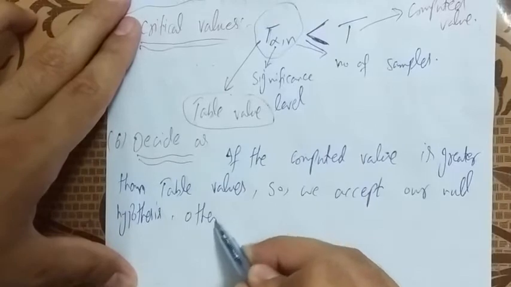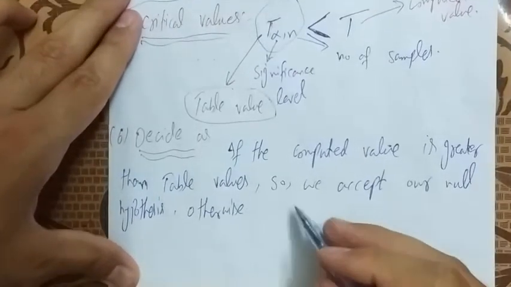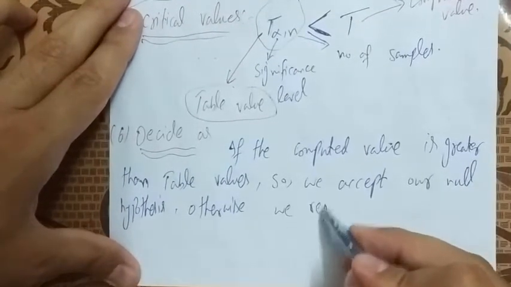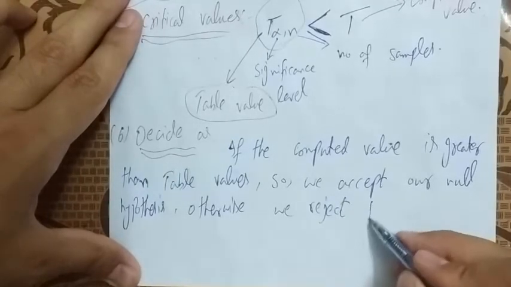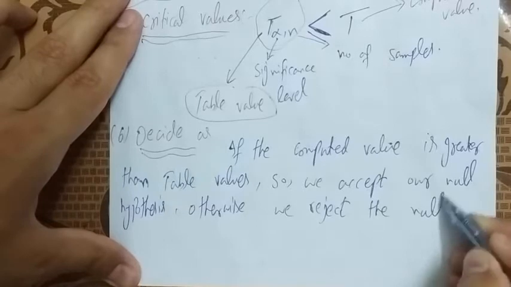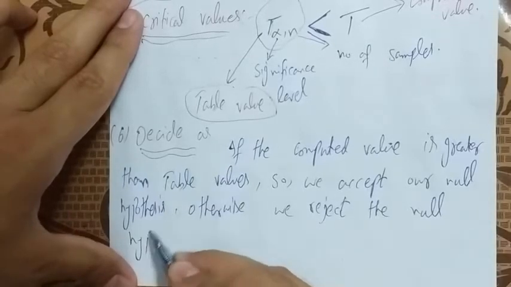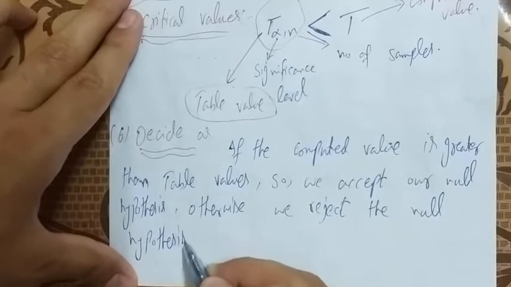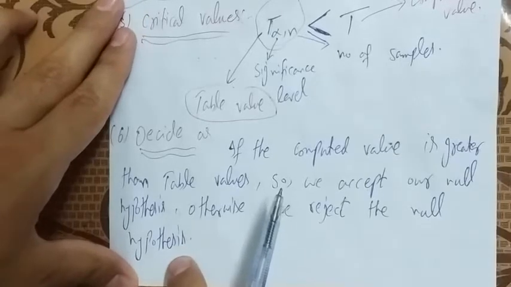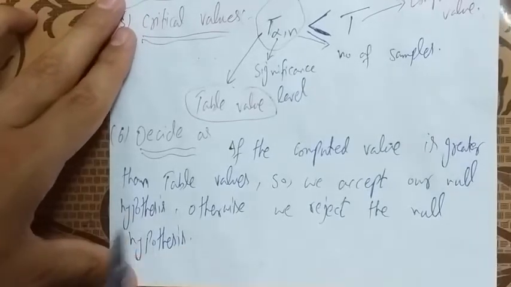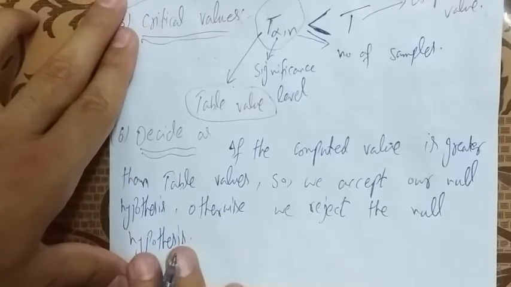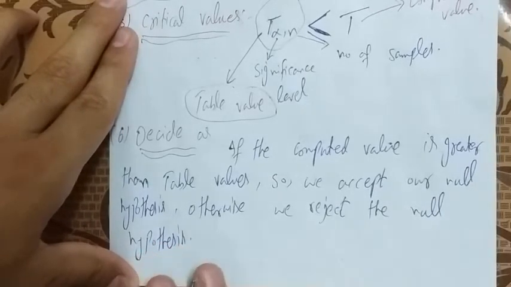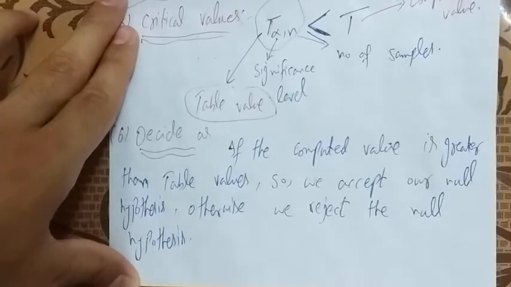Otherwise, students, we reject the null hypothesis. Reject the null hypothesis and say that this value lies in the critical region. Students, this is the whole procedure for solving the problems of the Wilcoxon signed rank test.